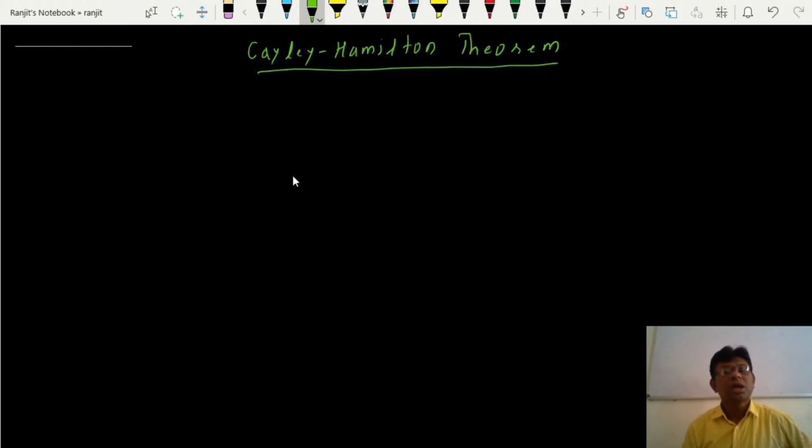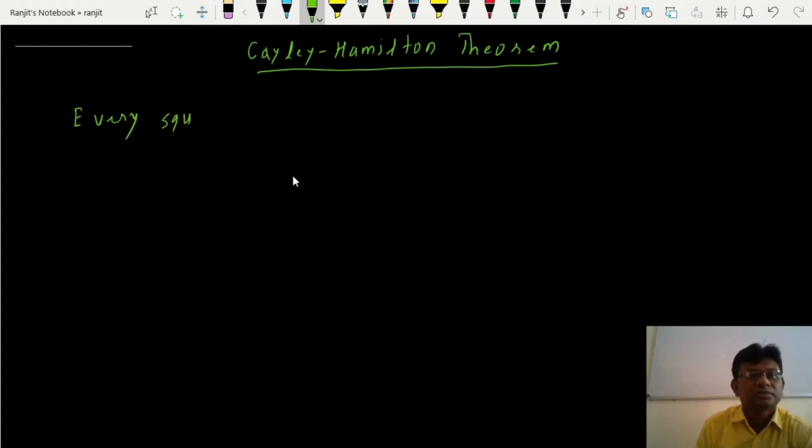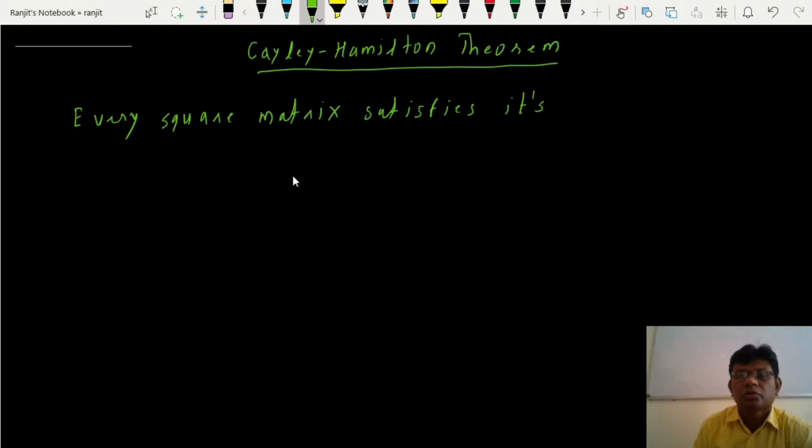Now, Cayley-Hamilton theorem states that every square matrix satisfies its own characteristic equation.